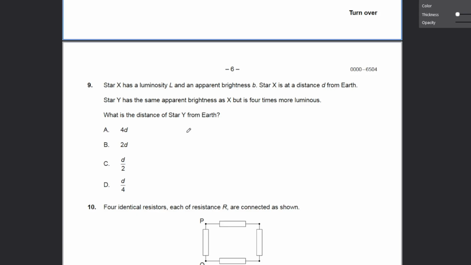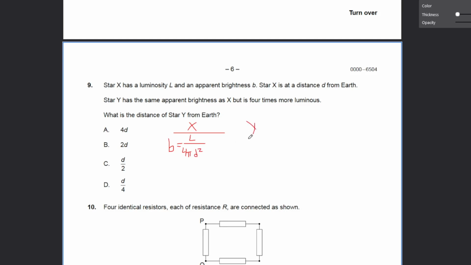We're given that, let me consider for star X, the apparent brightness is equal to L over 4 pi d squared.